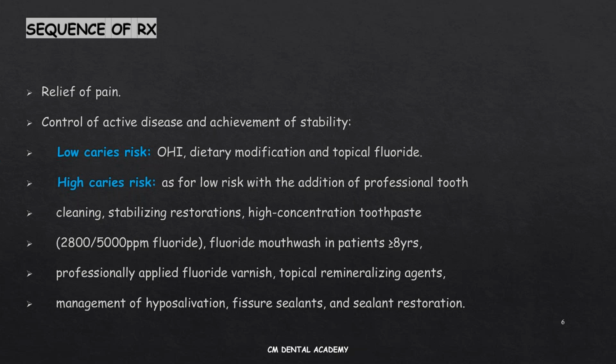Sometimes professionally applied fluoride varnish, topical remineralizing agents, management of hyposalivation, fissure sealants, and sealants for restoration can also be advised in case of patients with high caries risk. So these are the approaches pertaining to the patient's complaints.